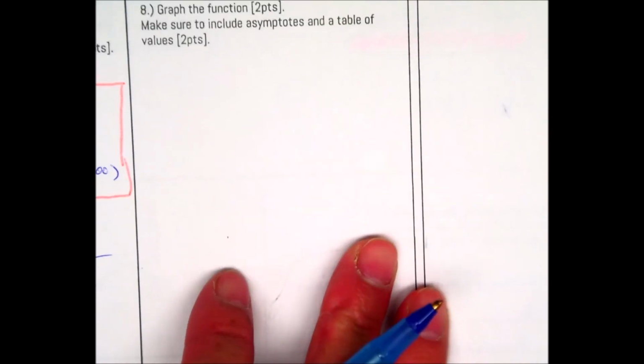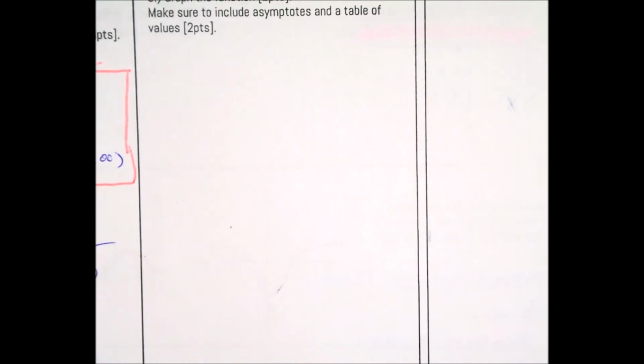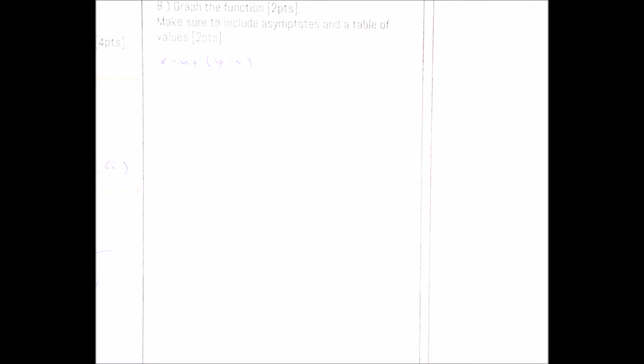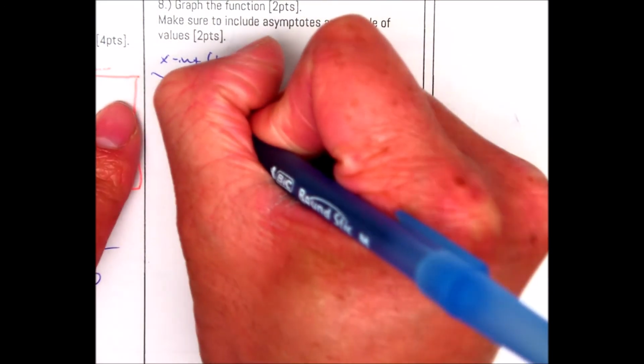Question number 8. Graph the function. Make sure to include asymptotes and a table of values. So we talked about how to graph these with your x-intercept. So y equals 0. My equation doesn't have a y, so we're making it f of x equals y. Make this 0.